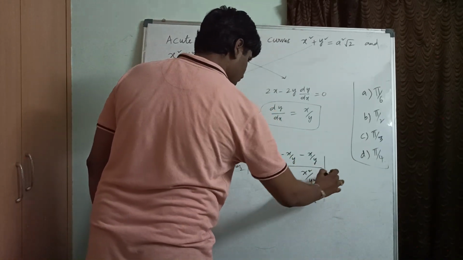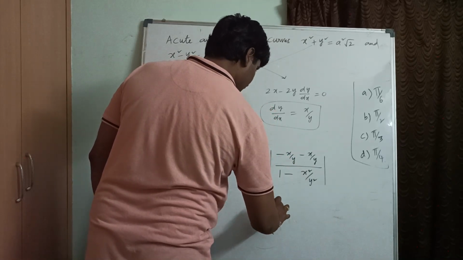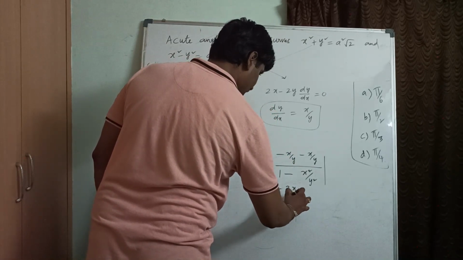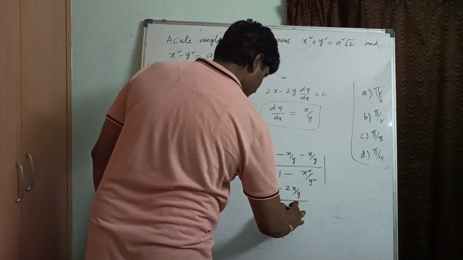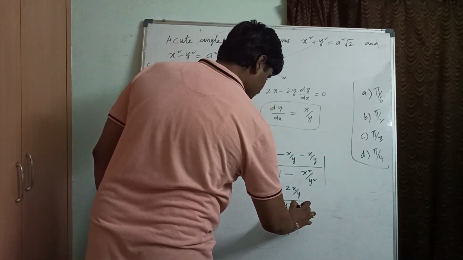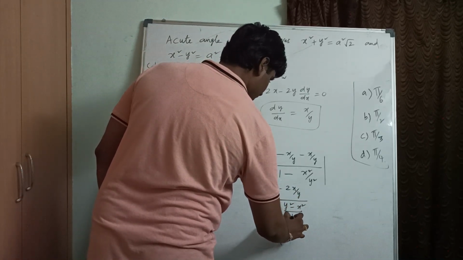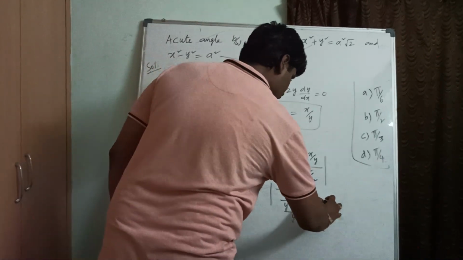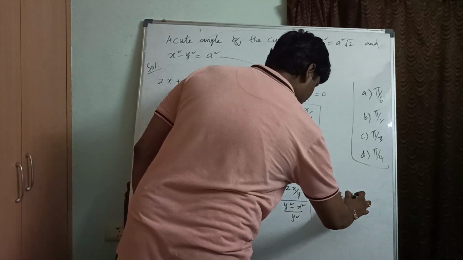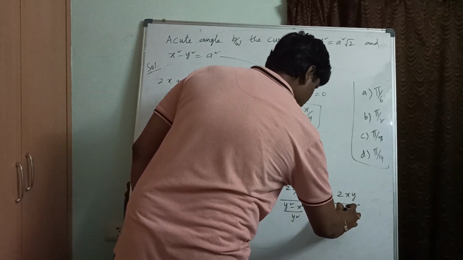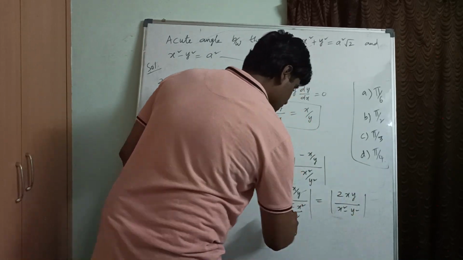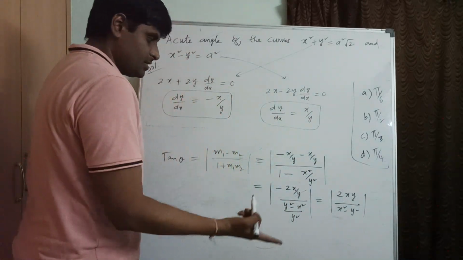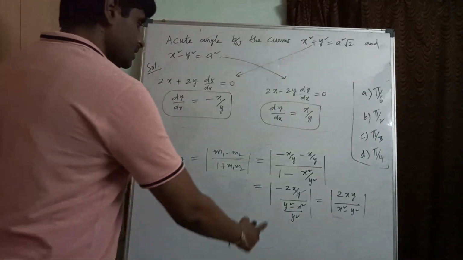If you simplify, what will you get? Minus 2x by y in the numerator, and y square minus x square by y square in the denominator. So one y gets cancelled, this y goes up. Finally what will you get? 2xy by x square minus y square, with the sign the same.